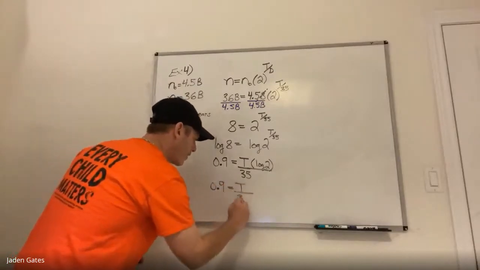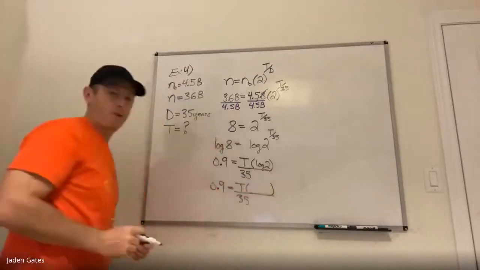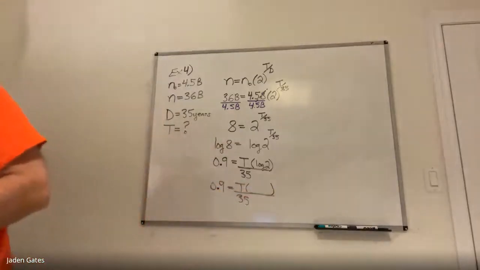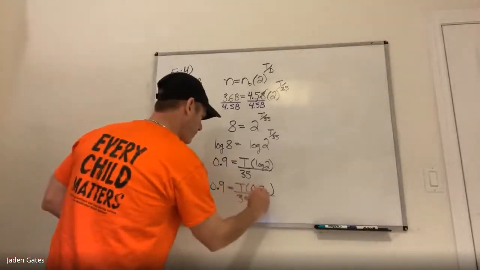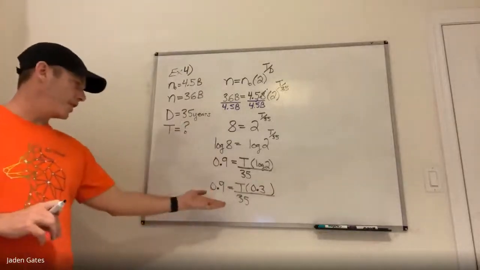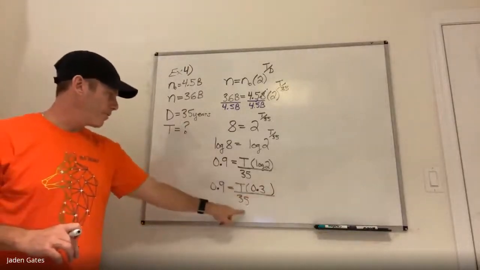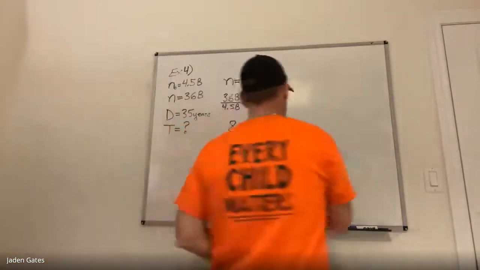I'm going to figure out the log of 2. It's going to be a decimal because that's already a small number there. So the log of 2 is 0.3. Again, this is where I always find students get stuck. Can't solve for t at this point. I'm just going to put these two numbers together by dividing them, taking 0.3 and dividing it by 35.